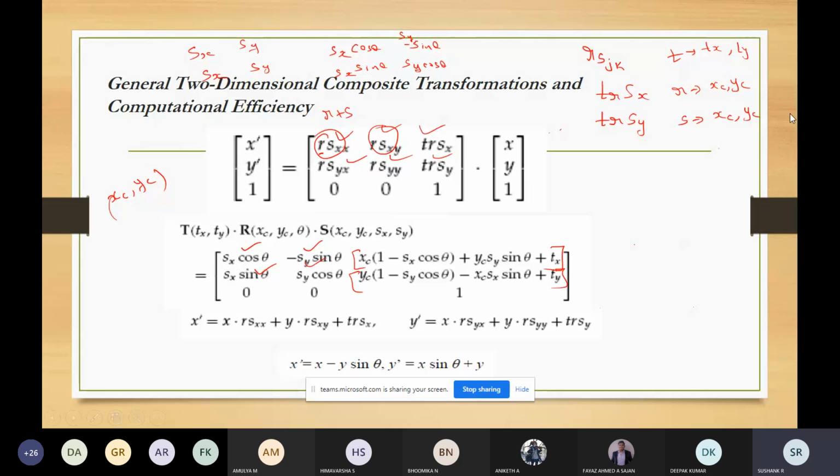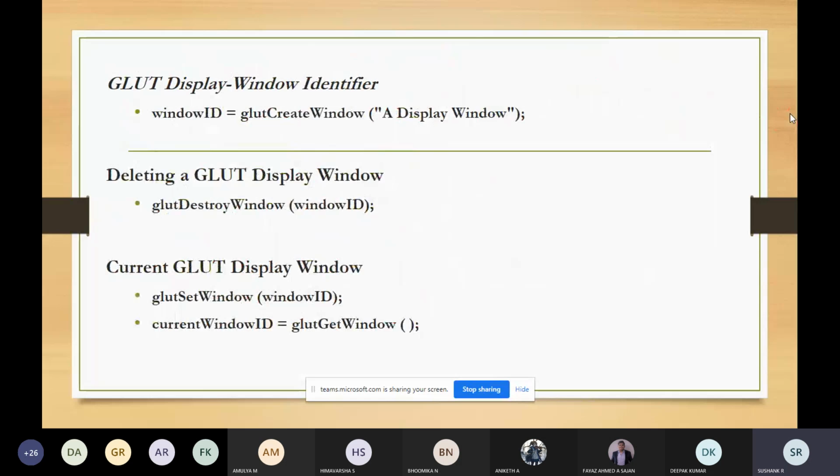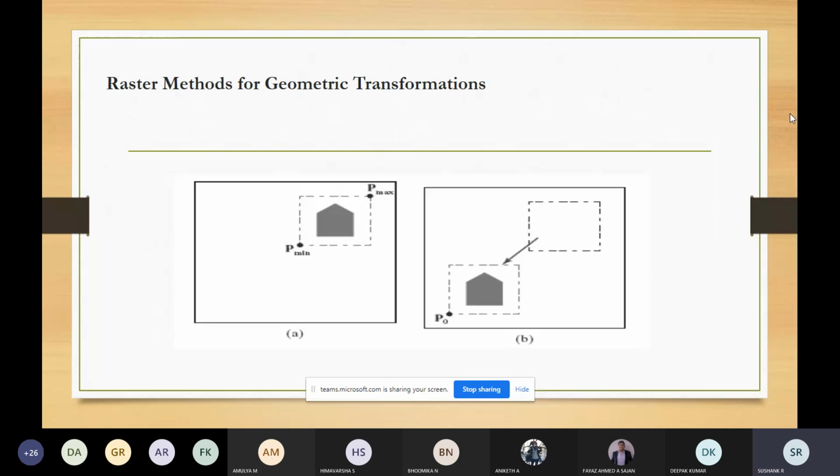Now let us go back to the previous equations, where we generated the equations for scaling about a fixed point and rotation about a fixed point. One second, I'll go to that slide.